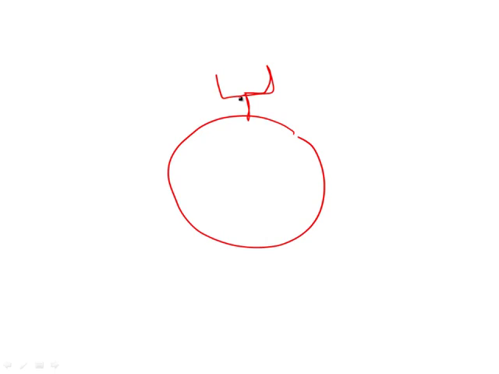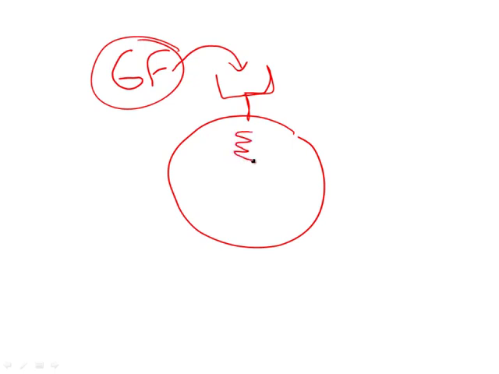When this cell needs to divide, growth factor comes in and binds the growth factor receptor. The binding of growth factor to growth factor receptor sends a signal, and this signal is carried by something called a signal transducing molecule.